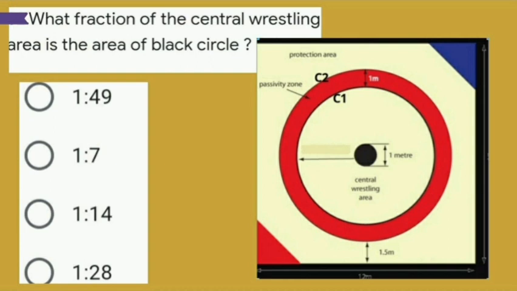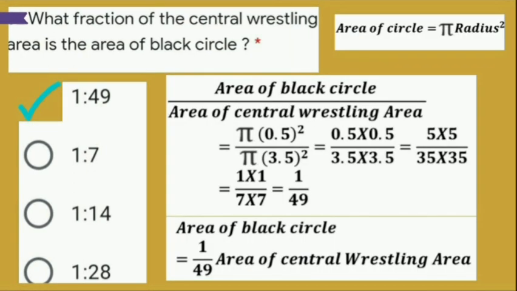For the black circle, the radius is 0.5 meter, and for the central wrestling area, the radius is 3.5 meter. The area of a circle is pi r square, and hence on comparison of their areas, we have the area of the black circle as 1/49th part of the area of the central wrestling area, whose outline has been marked by the circle C1.